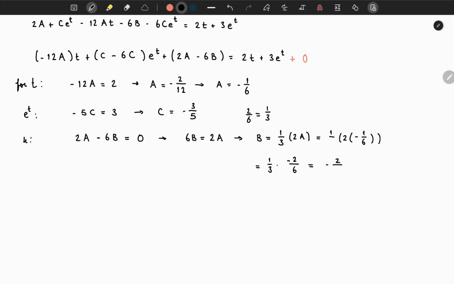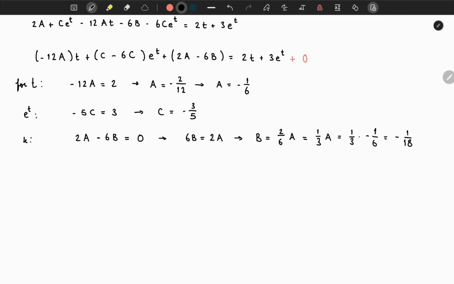So let's redo this whole part. So this would give us b is equal to 2 over 6a, which is equal to 1 over 3a. 1 over 3 times negative 1 over 6. This simply gives us 1 over 18.